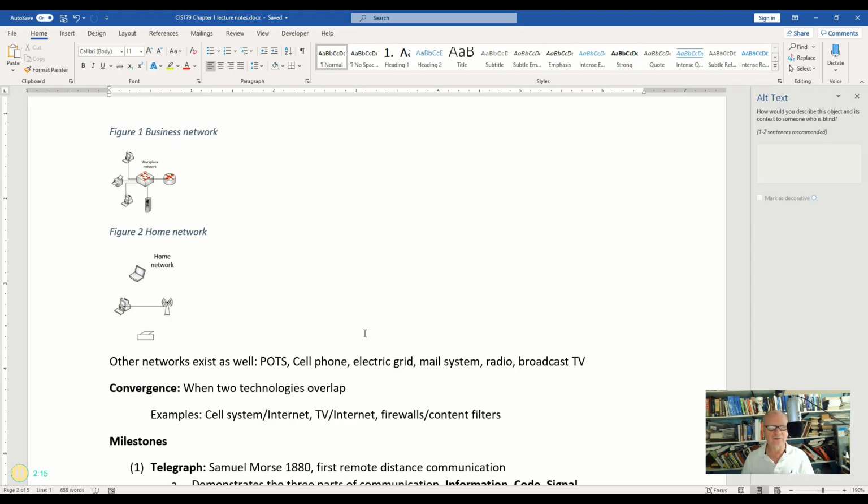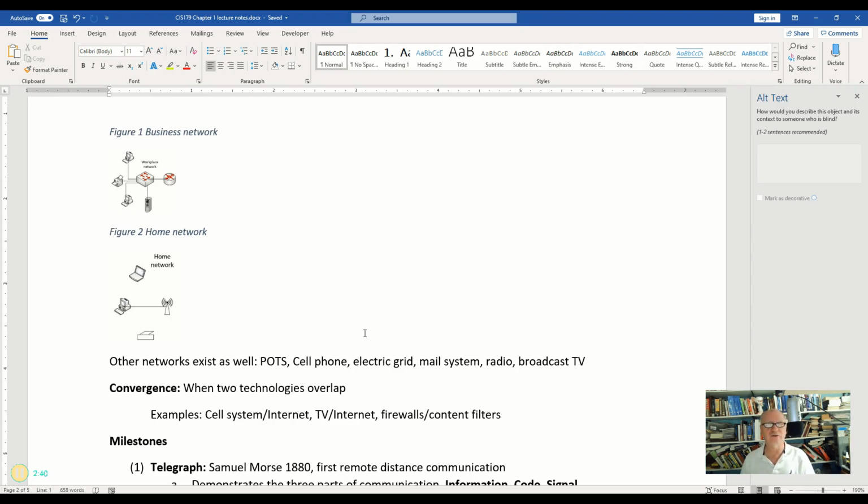But it is a completely different and separate network from computers and from the computer network. The cell phone system is a network, but it is a cellular network. So that's why you have to have a separate device for your phone than you do for your computer. And again, there is some crossover. We'll talk about that in a minute. But it is a completely separate and different network.